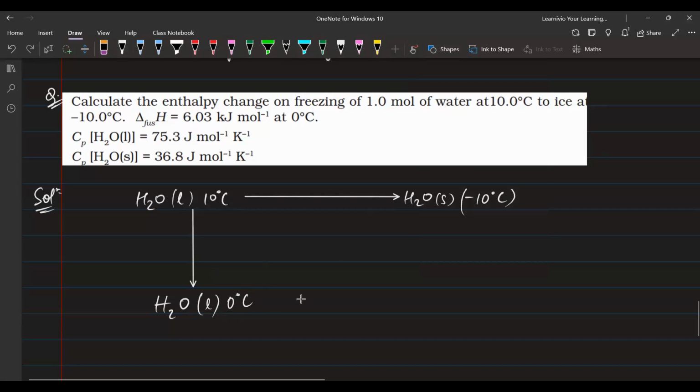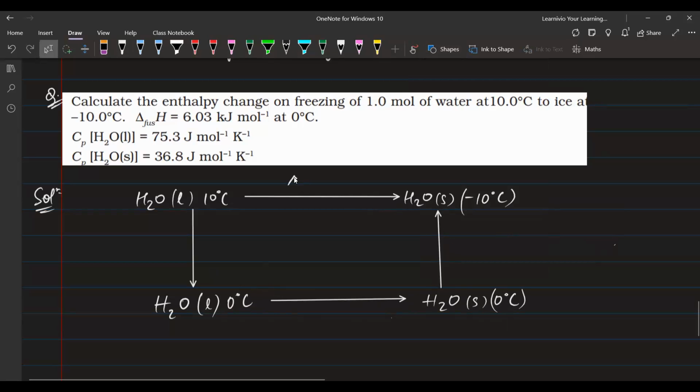After that, we are going to convert this water from liquid to ice, that is H2O solid at 0 degrees Celsius. This would require certain heat changes. Then we are going to cool it down to minus 10 degrees Celsius.